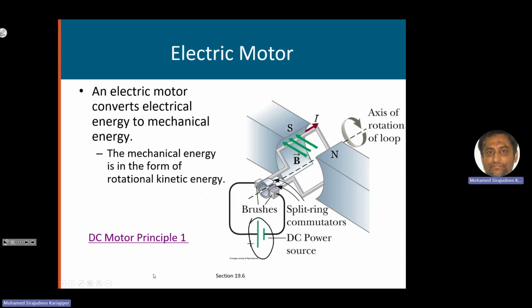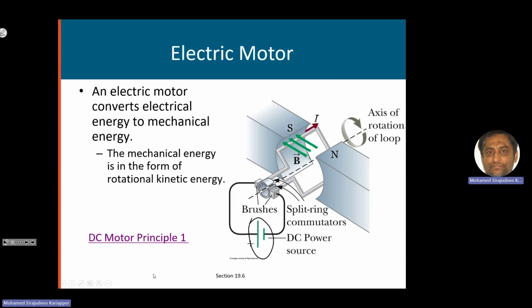And when it comes to the vertical position, there will be no torque. However, because it already has some velocity, because of inertia it will go past the vertical position. But when it goes past the vertical position, if the current is in the same direction, you can again apply the right-hand rule.